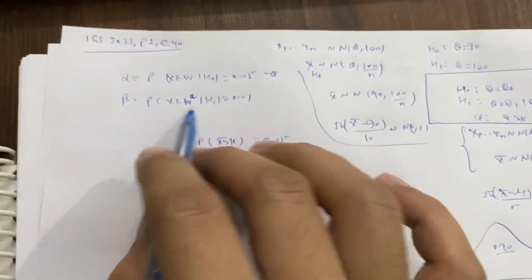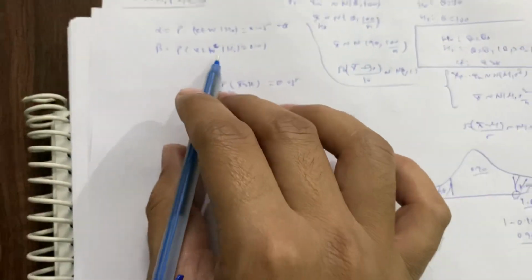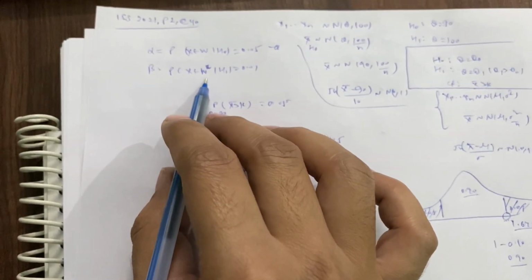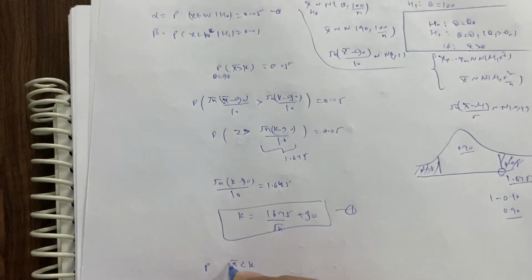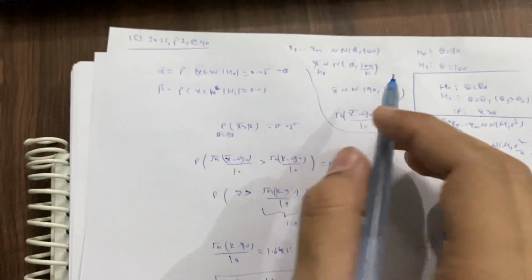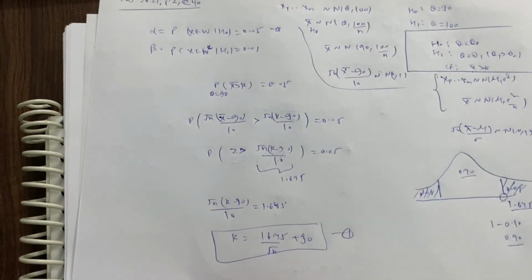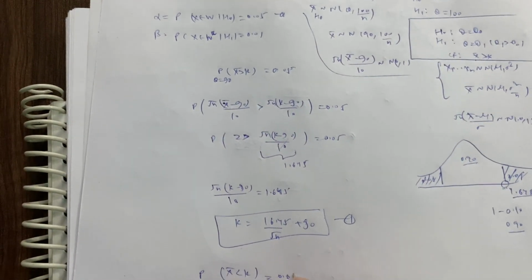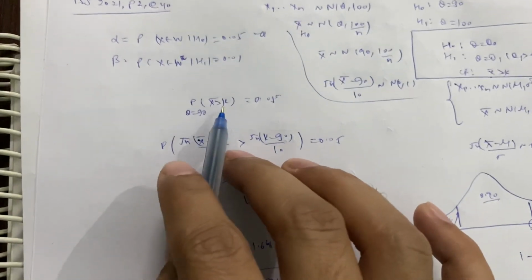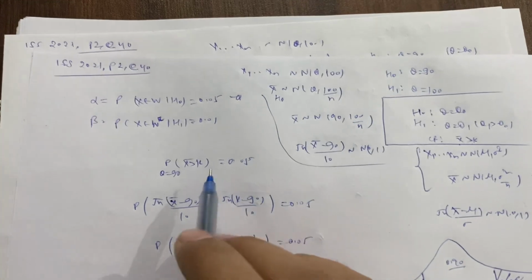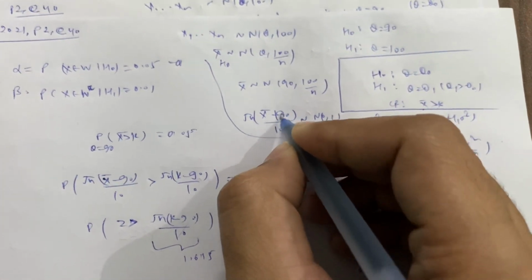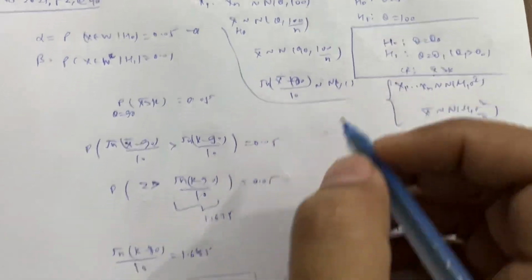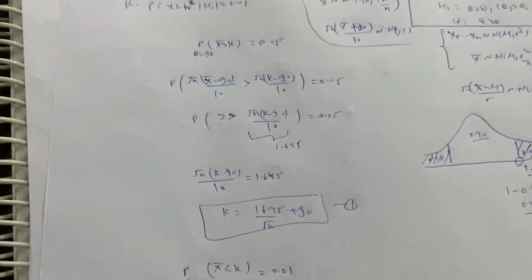Now similarly, solve for the probability that x belongs to omega complement, the acceptance region. The critical region is x bar greater than k, so the acceptance region will be x bar less than k. Under H1, the alternative hypothesis, theta is equal to 100, the probability is given to be 0.01. We repeat the same process, just replacing 90 by 100, and we need to find the value of k here.